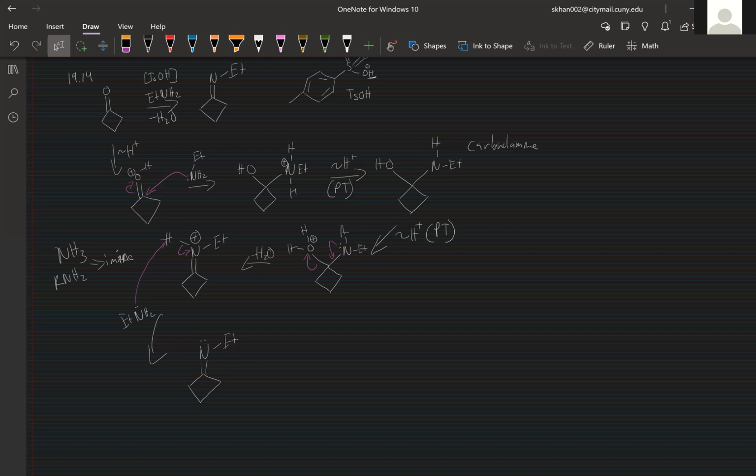No, it's because it's going to take too much time to draw the intermediates. Basically, normally you would expect E alkenes to form, because they're going to be further apart.